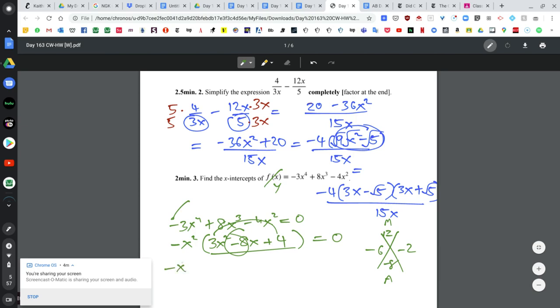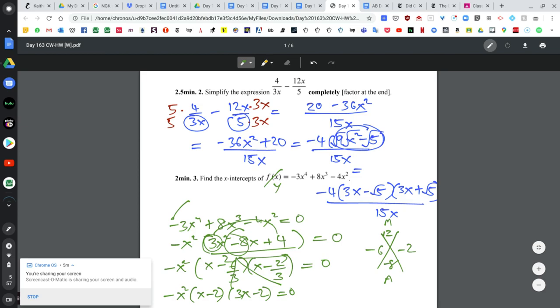So negative x squared drops down. We can write this as (x minus 6 over 3) and (x minus 2 over 3) equal to 0. The 6 over 3 will just become 2, and then we can use a fraction trick here. So negative x squared, (x minus 2), and (3x minus 2) equal to 0.